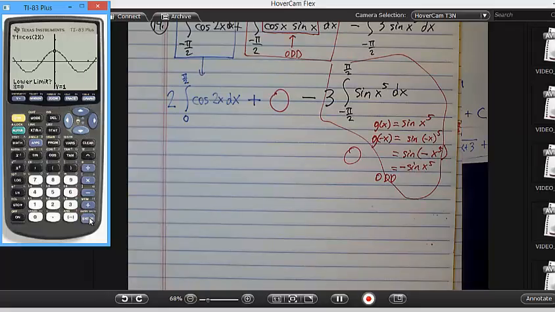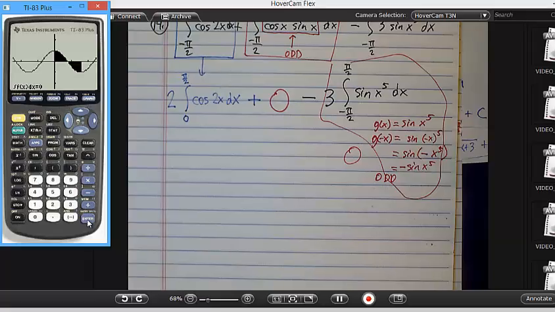And what are the limits I want? Well, we'll do 0, and then we can type in pi over 2 here. Here's pi divided by 2, and it'll integrate it for me. Oh, look what it got. 0. So I just need to do 2 of those, and then I get 0. Are you with me?